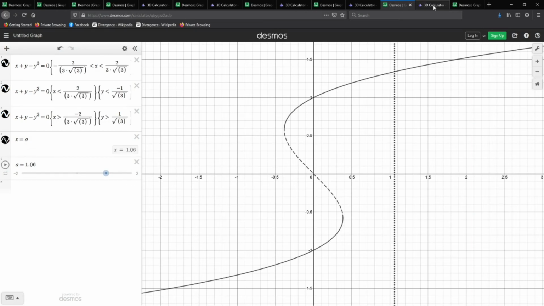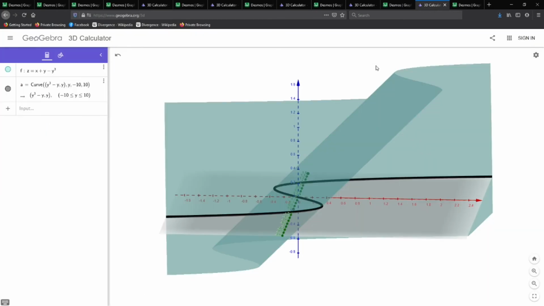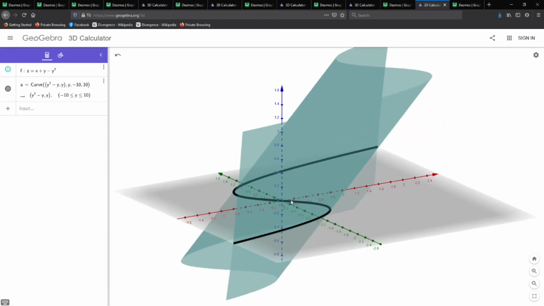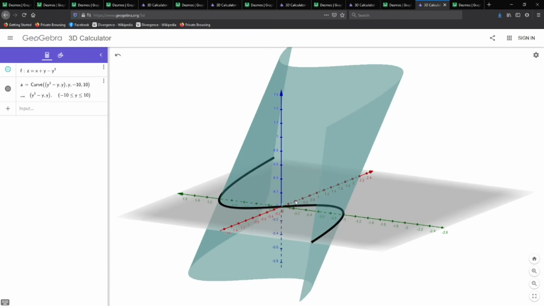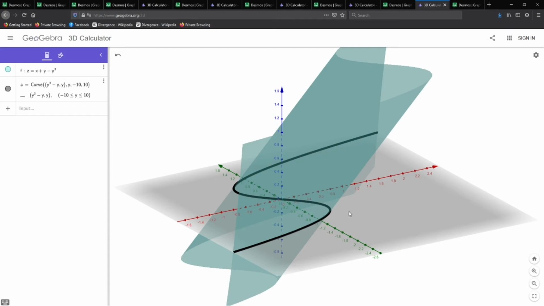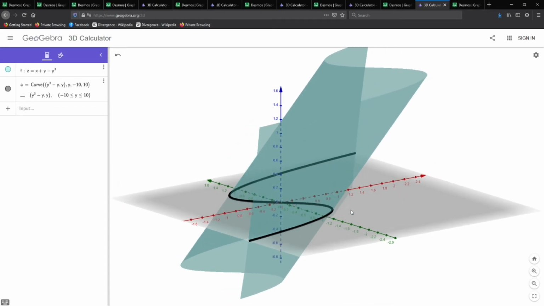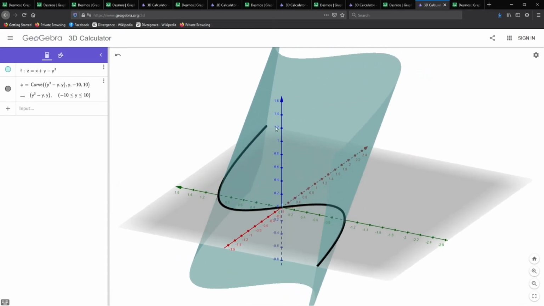So this is probably best seen when we visualize this as a surface plot. And you see here, the x-axis is this red axis, the lambda axis is this red axis, the y-axis is this green axis, and this is a surface plot of the function z equals lambda plus y minus y cubed.